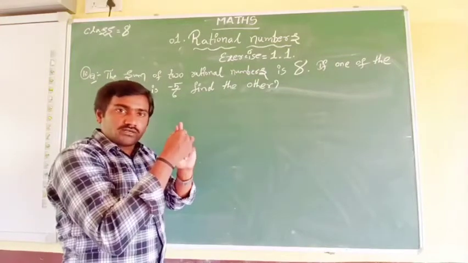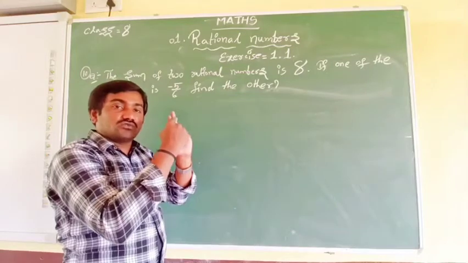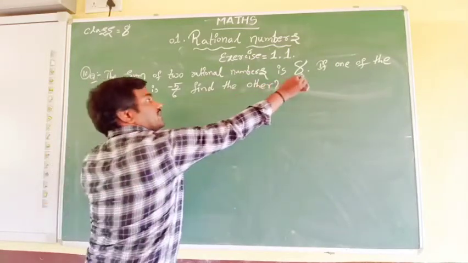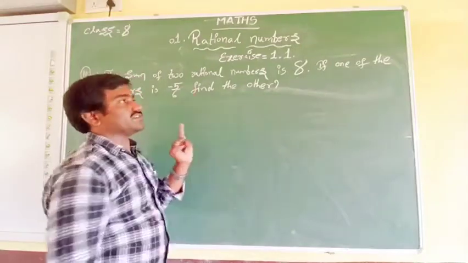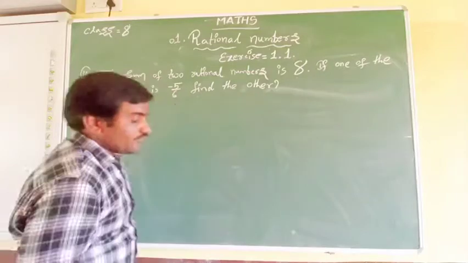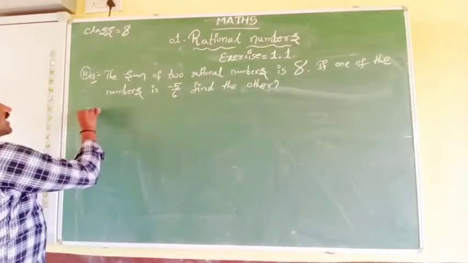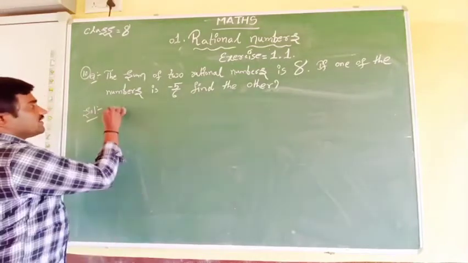When they added these two numbers, they got the answer 8. So one of the numbers is given, minus 5 by 6, and we need to find the other number. We don't know the other number. Let's go for that. What is given? Here we write what is given.